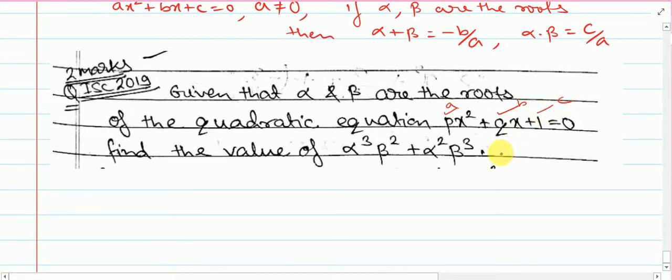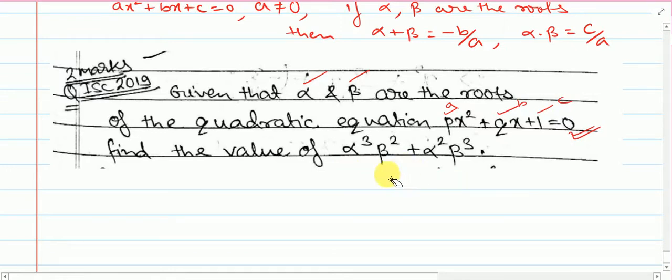And what we are supposed to find? We are supposed to find alpha³β² + α²β³. Firstly, since we have been given a quadratic equation and they have already said that alpha and beta are the roots, we will find the sum of the roots and the product of the roots. Then only we will proceed with this expression.